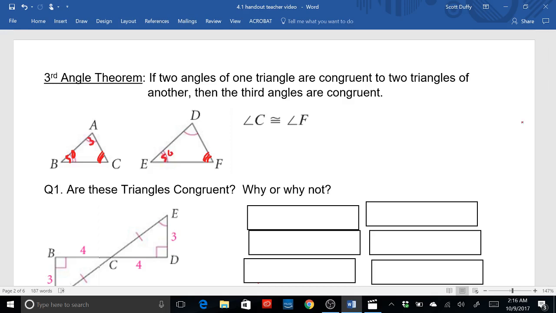Angle A, let's say it's 30, angle D is 30. I'm just making up these numbers. 50 and 30 is 80, with 100 left over for the third angle. Same thing over here. Has to be 100 left over for the third angle for them to add up to be 180, and therefore they are congruent in every case.